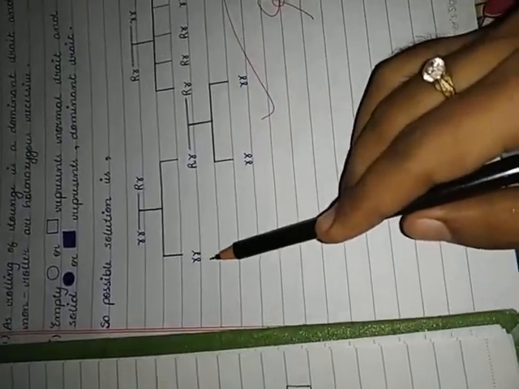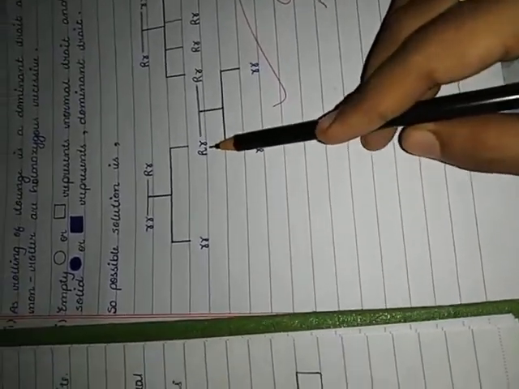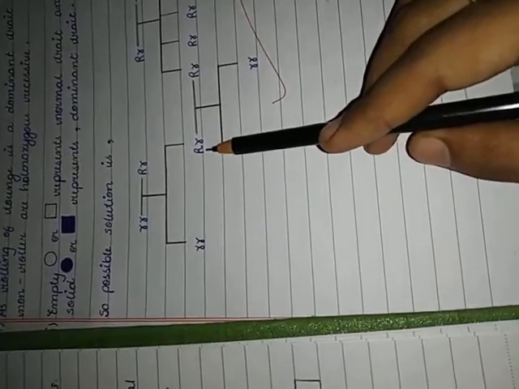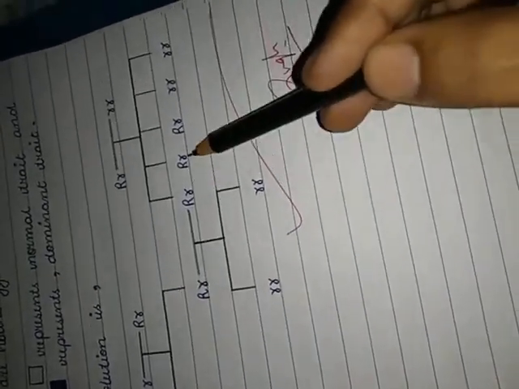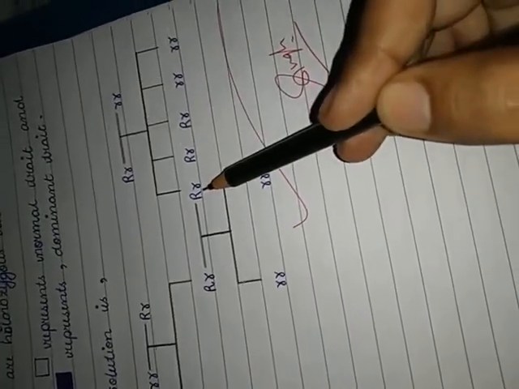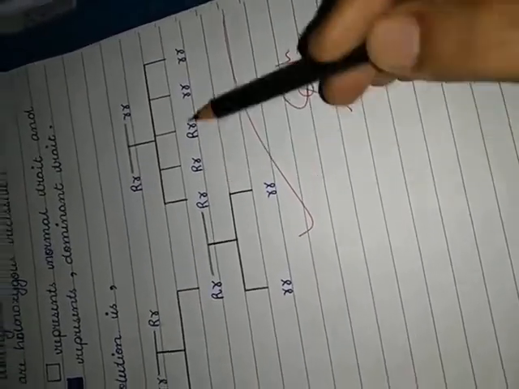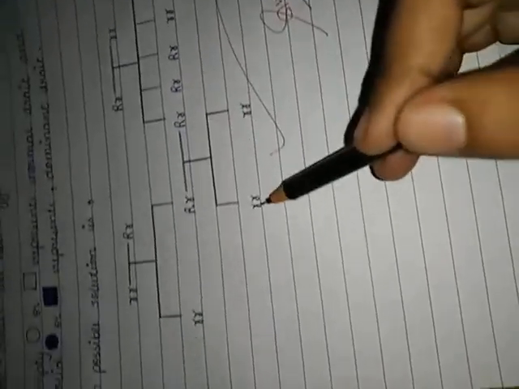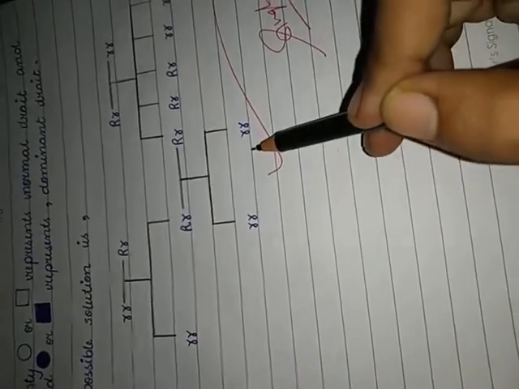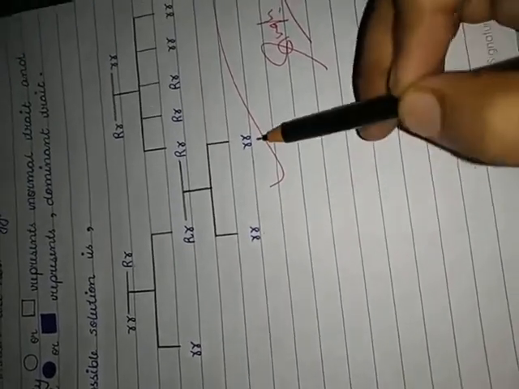The offspring, small rr, is the one with the normal trait. This one is affected, having the dominant trait, that's why the presence of capital R. Again here, these three having the dominant trait, we write it with capital R, and the rest two are normal, meaning homozygous recessive, again small rr. Again they have the normal trait, so small rr, and here also small rr.